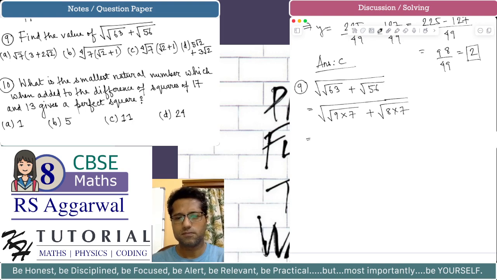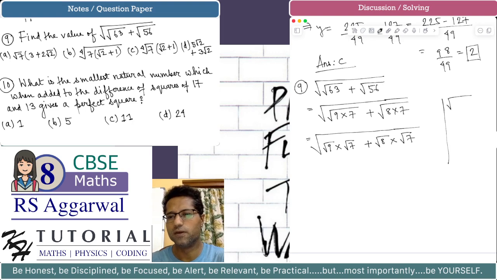So this becomes square root of square root of 9 into 7 is square root of 9 multiplied by square root of 7, and we have plus square root of 8 into 7 is equal to square root of 8 into square root of 7, applying the property of square roots that square root of x into y is equal to square root of x multiplied by square root of y.